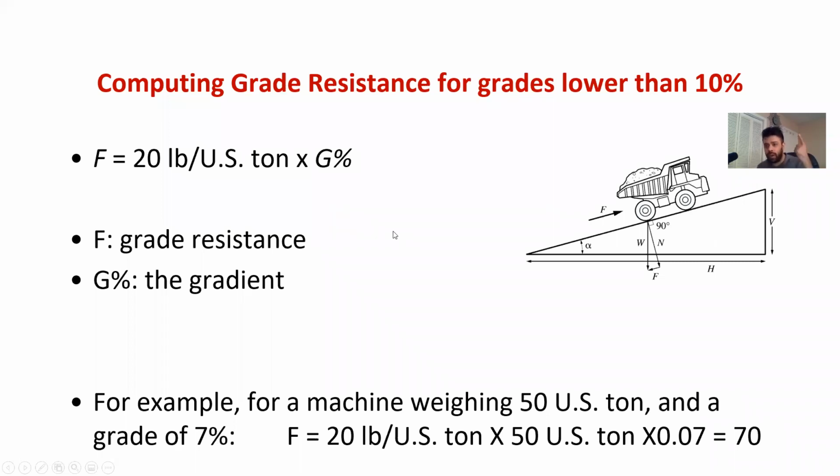So for every ton of the vehicle, the grade resistance will be 20 times the slope in percent. And since this is 7, and this is 50 here, you put 50 as the weight. This is 50 times more than this one, which is for 1 ton. That's how we find the grade resistance if the grade is less than 10%, which is often the case.